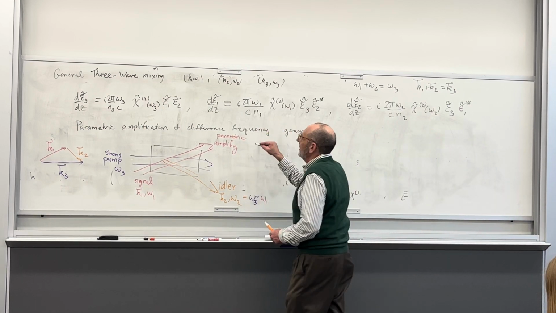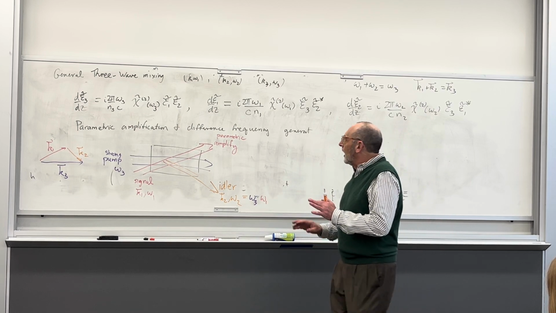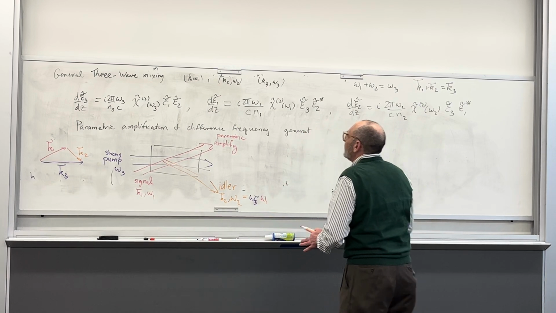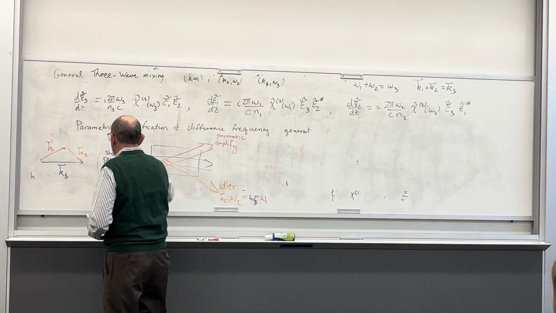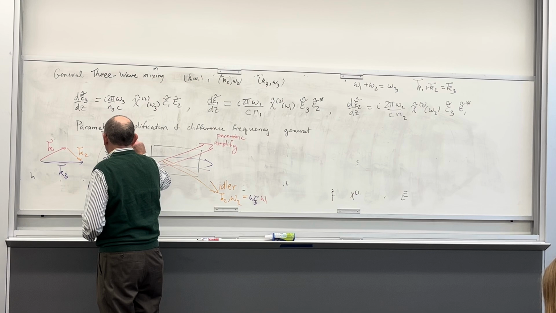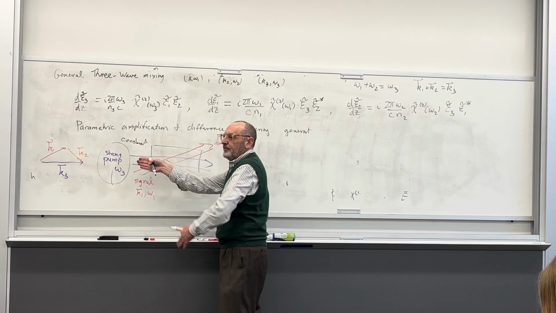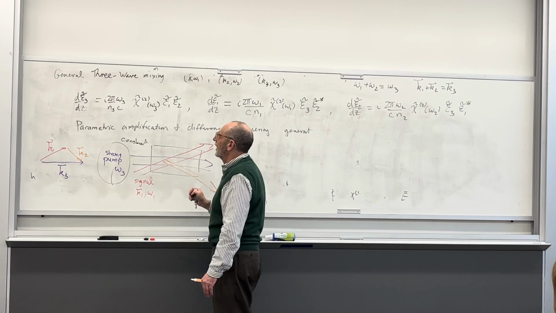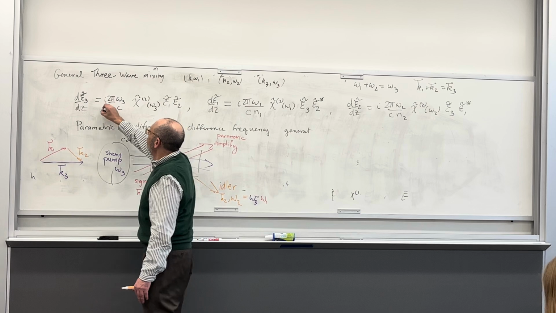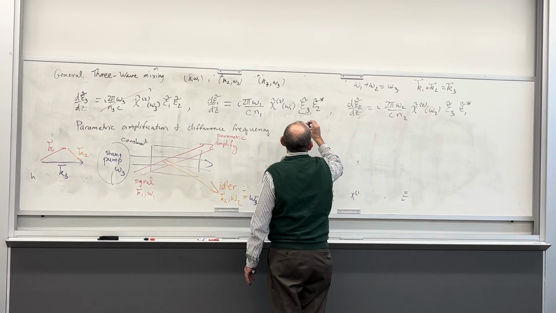So how do we see that? Well, one way to solve this problem, which is an excellent approximation, is to use the non-depleted pump approximation. So we're going to assume that this is a constant, that the amount of energy that is taken away from this pump is so small that I can just treat this pump as a constant. In which case, this equation doesn't matter, and I treat these guys as constants.